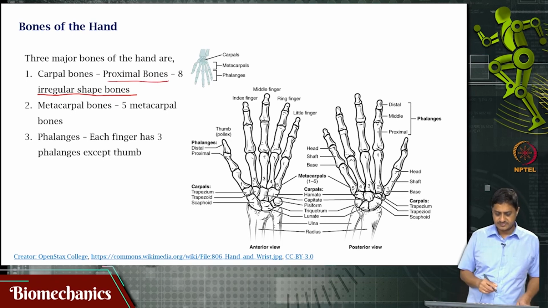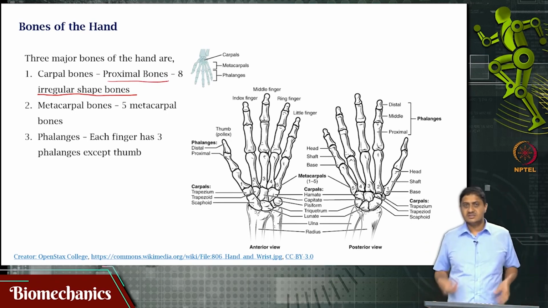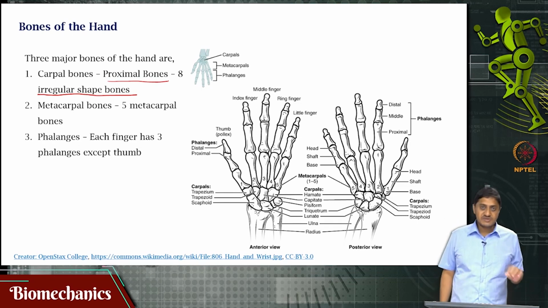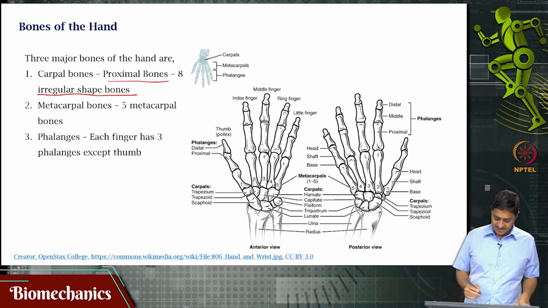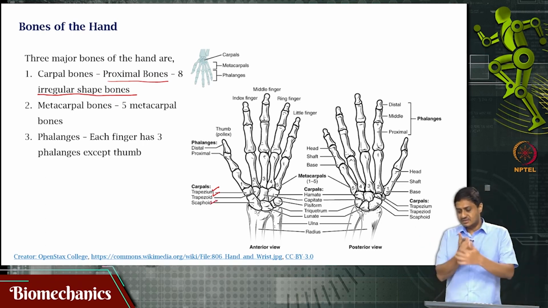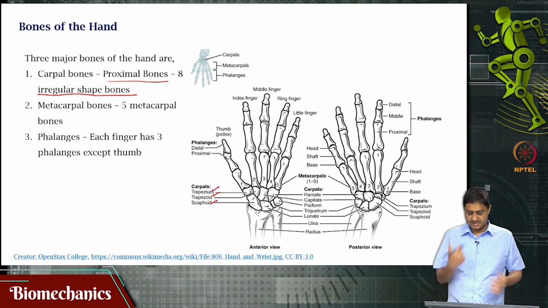proximal bones, that is, bones that are closest to the wrist joint, called the carpal bones. Each one of them has a name. These are trapezium, trapezoid, scaphoid, bones that are near the thumb. Right.